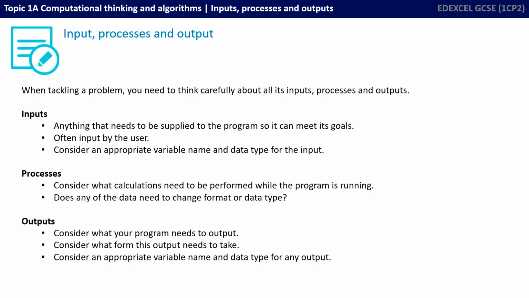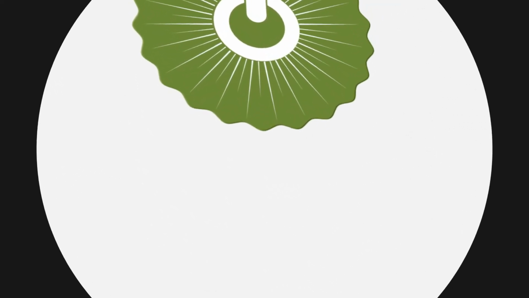Does the data need to change formats or data types? And finally, outputs. Consider what your program needs to output. Consider what form this output needs to take. And consider an appropriate variable name and data type for any output if it needs to be stored.